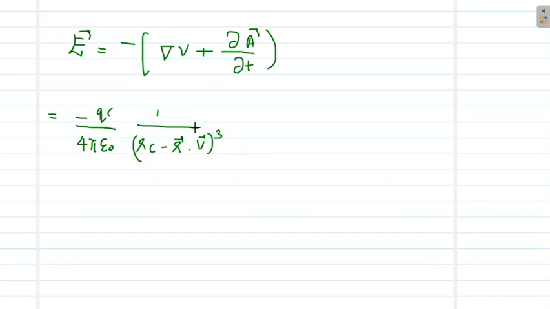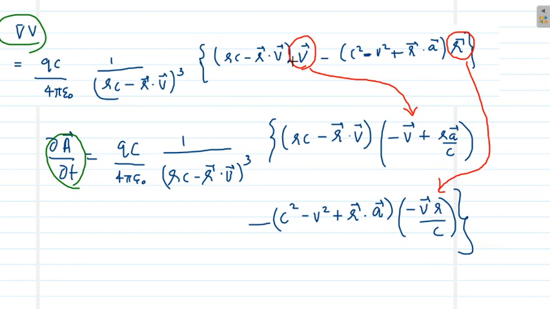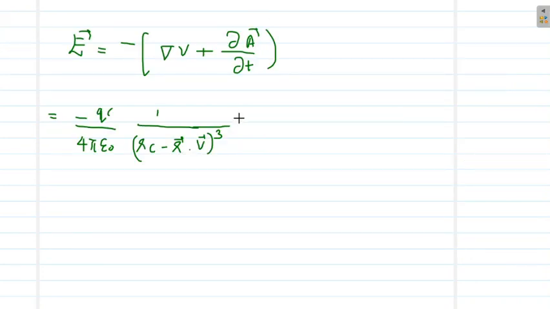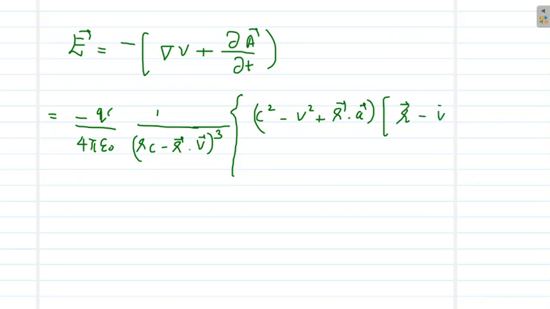These terms are common to both del v and dou a bar by dou t. Now we may need to add all these terms together, all these terms inside the curly brackets together. So it will be equal to c square minus v square into p square plus r bar dot a bar into r bar minus v bar r divided by c.